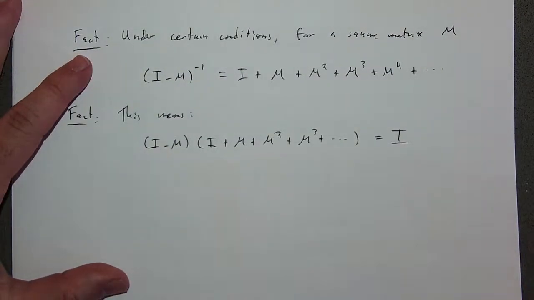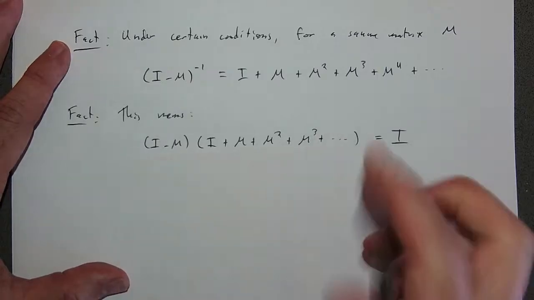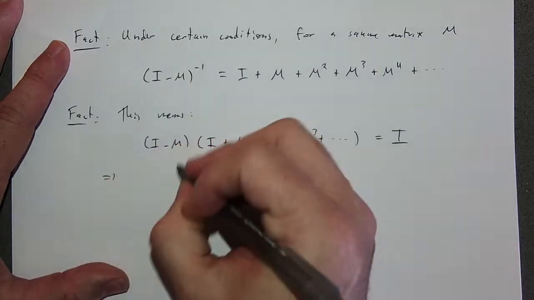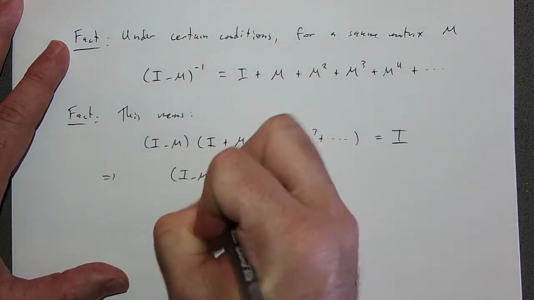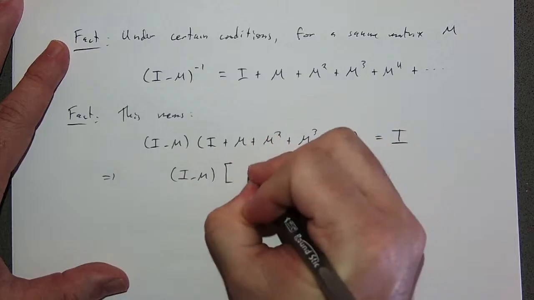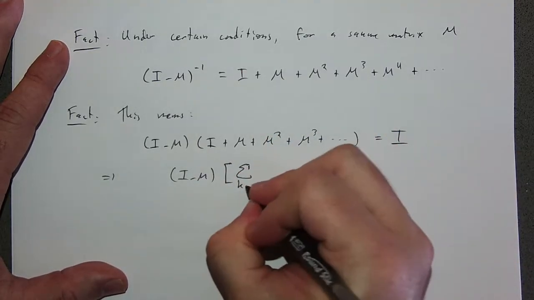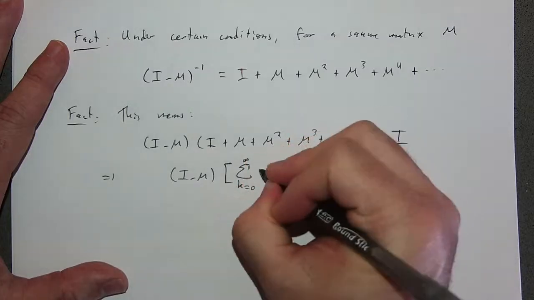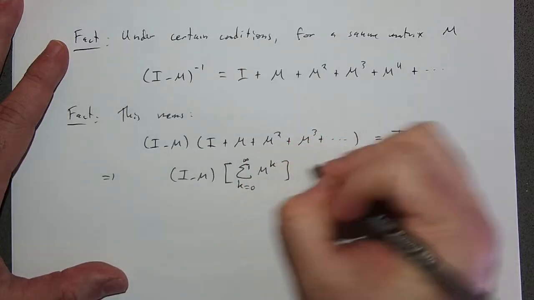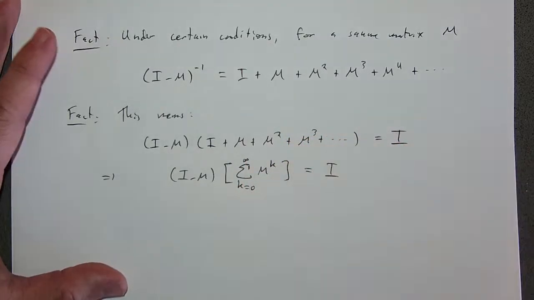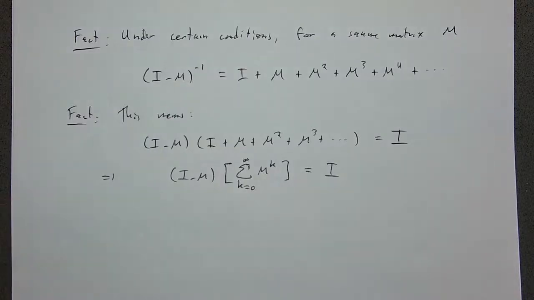Okay, writing this in a more convenient manner. This is me saying that I minus M times the sum from k equals 0 to infinity of M to the k is equal to I. Now, dealing with an infinite sum here, of course, I can view this as a limit of finite sums.